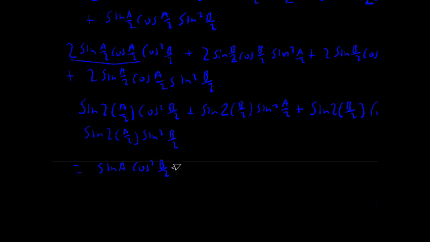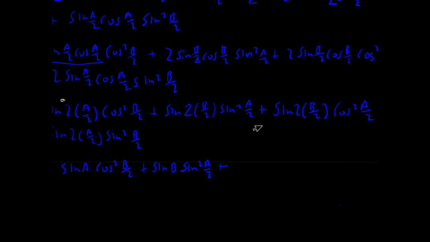Then we're going to have sine B, and then cos squared rather. Sine squared. So it's going to be sine squared A over 2. And then this is going to be sine B. Then here we're going to have cos squared A over 2.